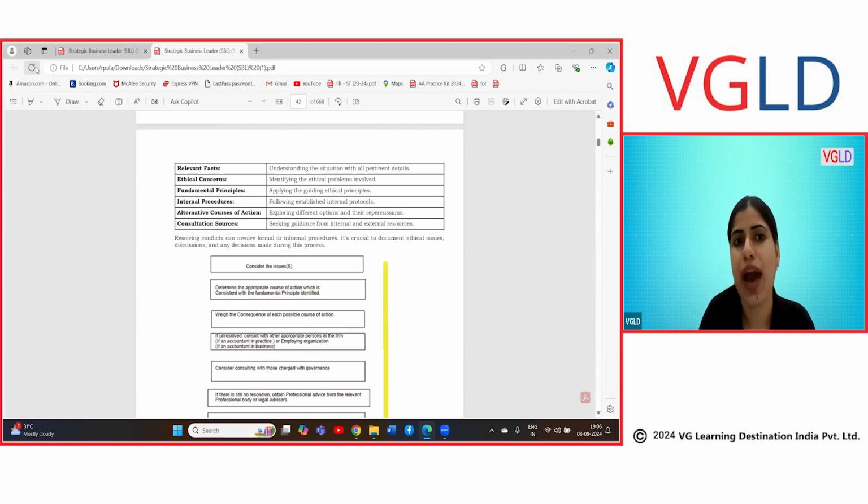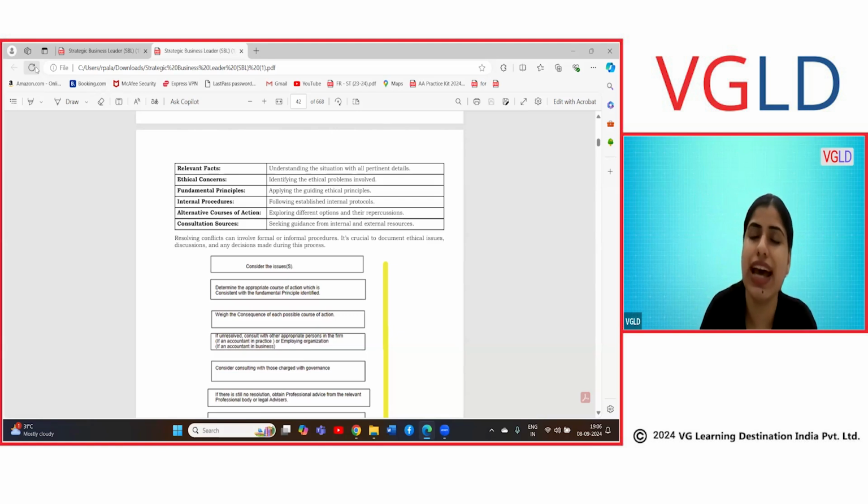You also have to understand the ethical concern: if I am accepting this work, is there any ethical issue arising? After that, you have to consider the fundamental principles, your PICOP.